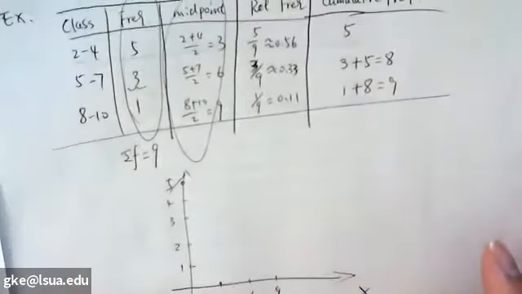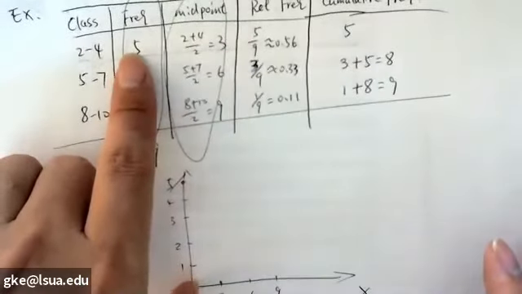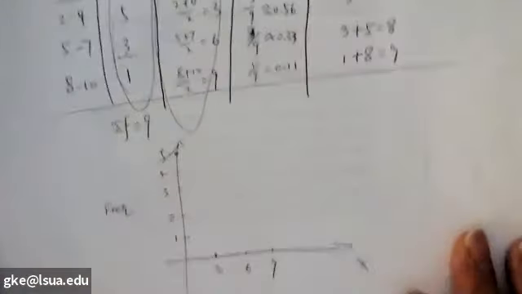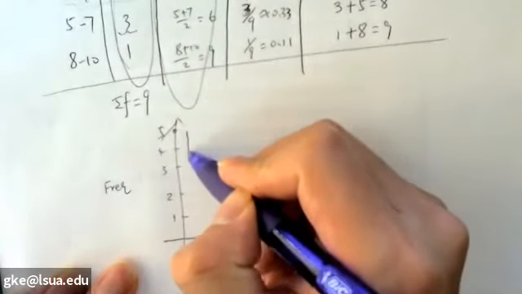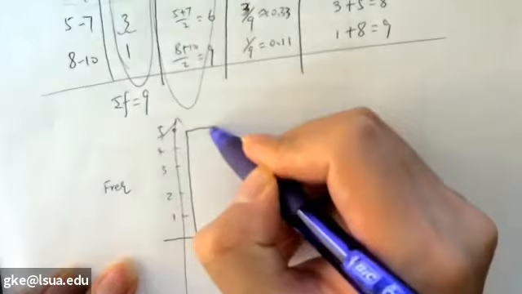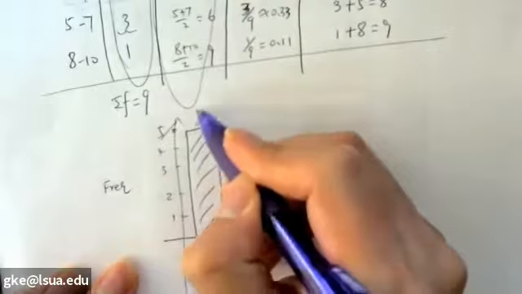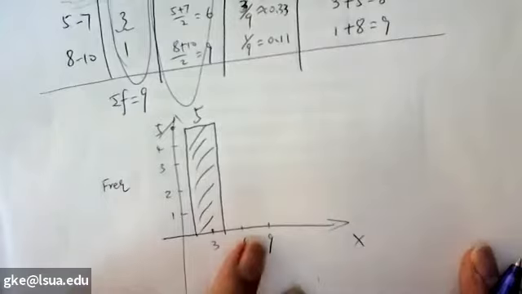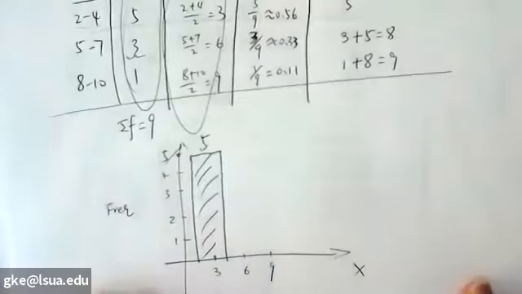And we can tell the first middle point is 3 corresponding to the frequency 5, right? So we draw the bar from here. It's 5. And the second middle point, 6, corresponds to 3, so we draw the bar.